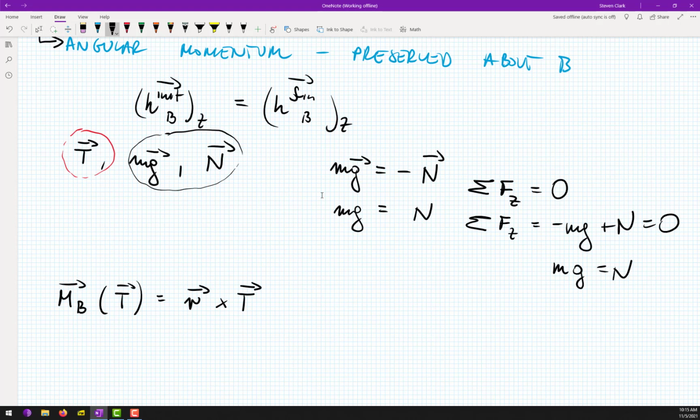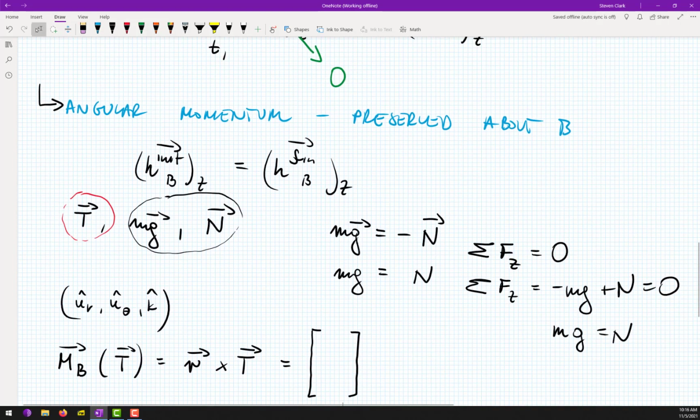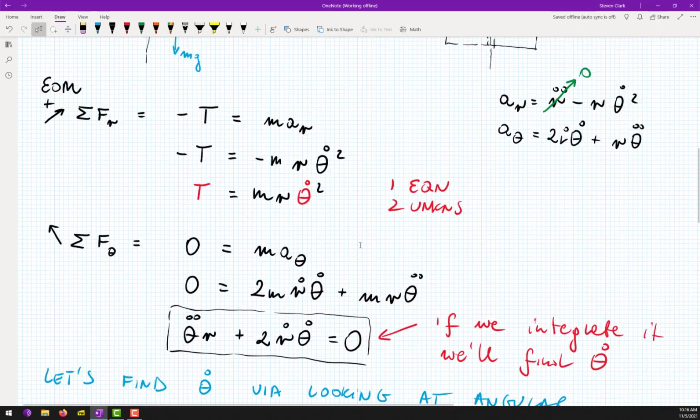Yes? And let's express everything in this coordinate system: U_R, U theta, and K. So can you guys express R in this coordinate system? What shall I write in here? Nobody? Okay.